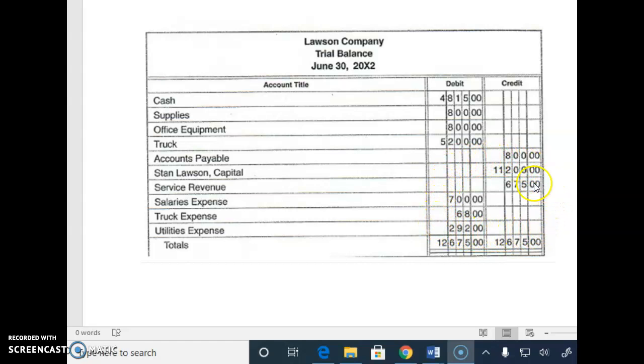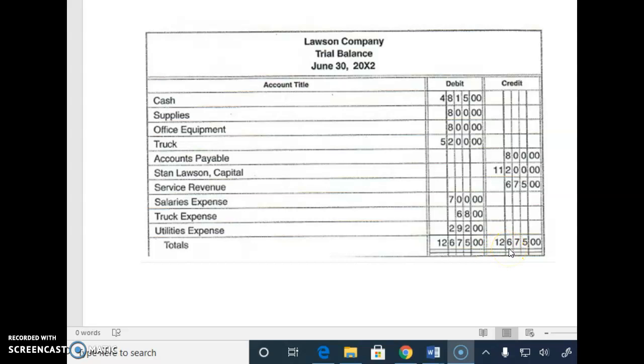This may not show capital here for revenue and expenses, but remember, you prepare your income statement from revenue and expense accounts, and that net income or net loss number goes into your statement of owner's equity, which takes into account your capital account, and then the ending capital account balance from your statement of owner's equity goes to your balance sheet. So all of these accounts work together, and you need to make sure at the very beginning that your debits and your credits are equal.